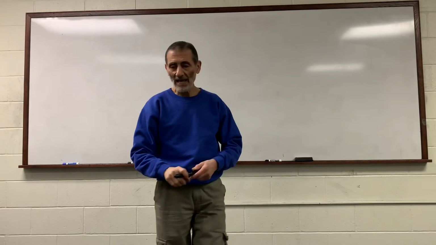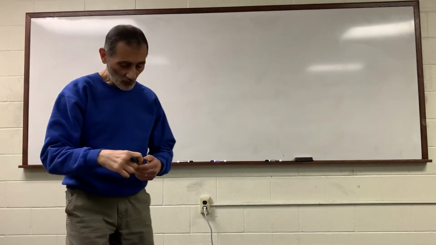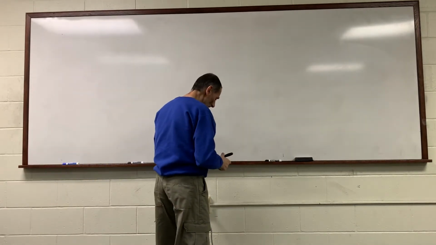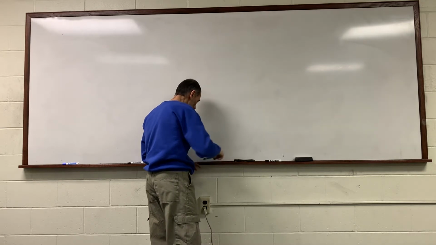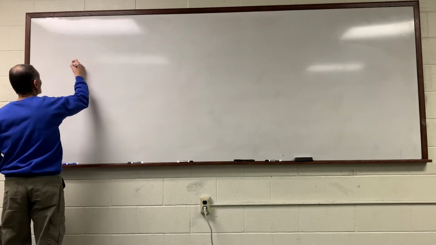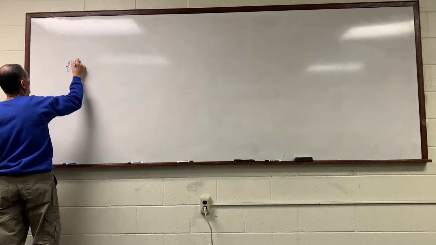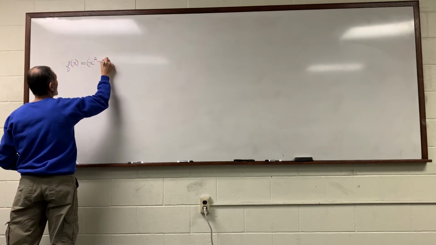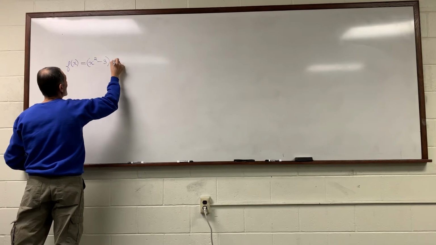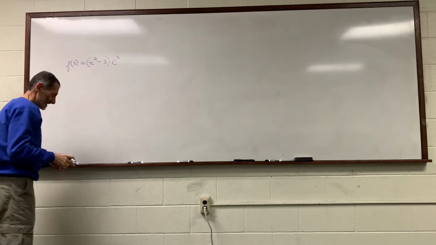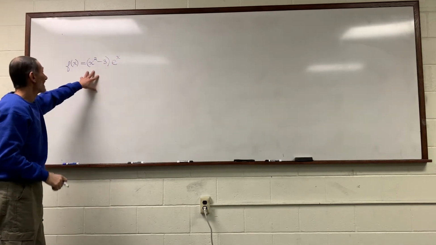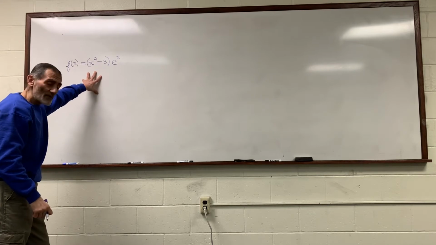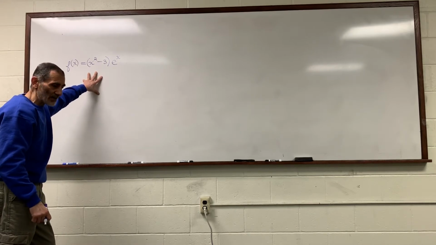The function we'll look at now is f of x equals the quantity x squared minus 3 times e to the x. One thing about this, it is very easy for us to see what the intercepts are, right?